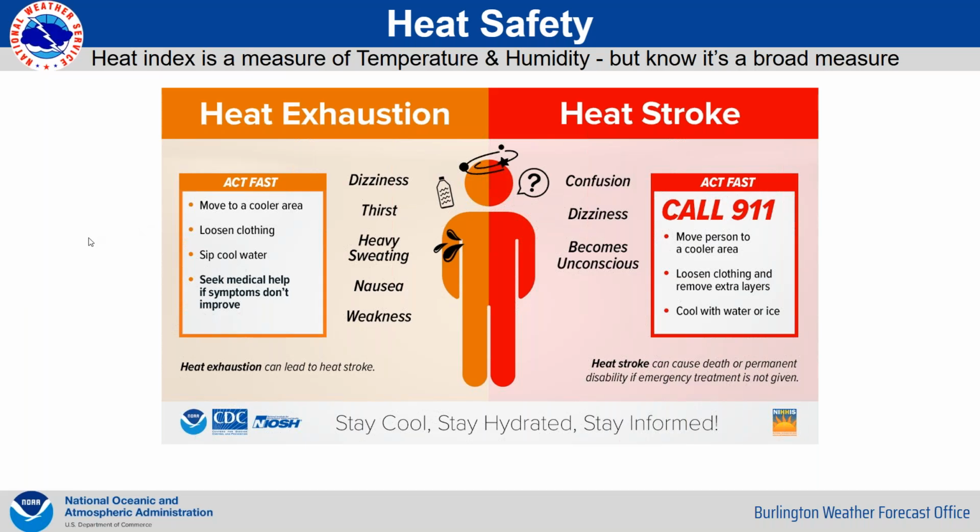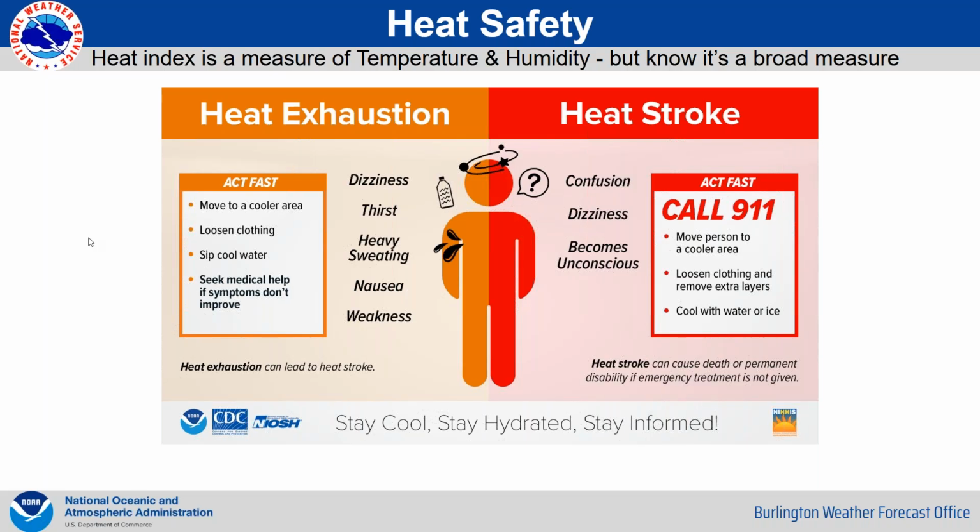All right, and then as we head into the heat of the summer, it'll be important to remind ourselves about heat safety. Heat exhaustion and heat stroke are two dangerous heat illnesses that you can find yourself in. The heat exhaustion is kind of the first stage of it, and the heat stroke is the more serious stage of heat-related illness.